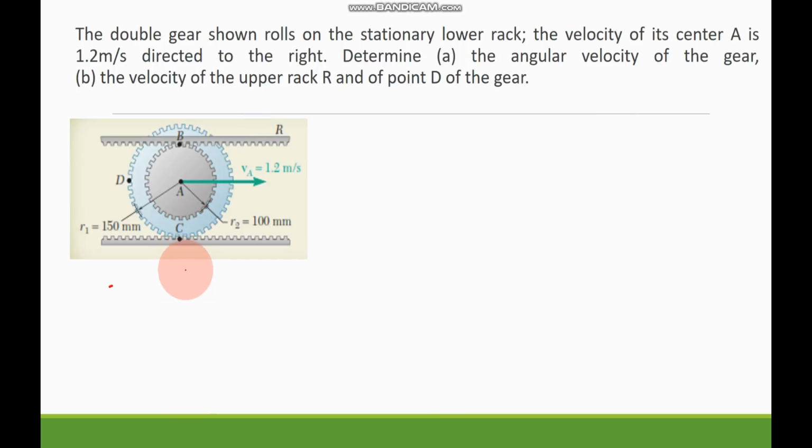So next, we will determine the velocity of the upper rack R at point B of the gear. Our first step is to draw the diagram showing the translation and the rotation of this gear.